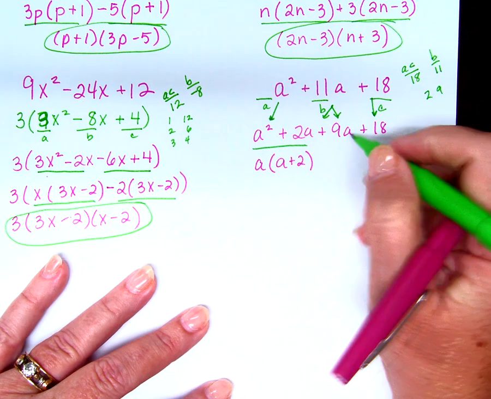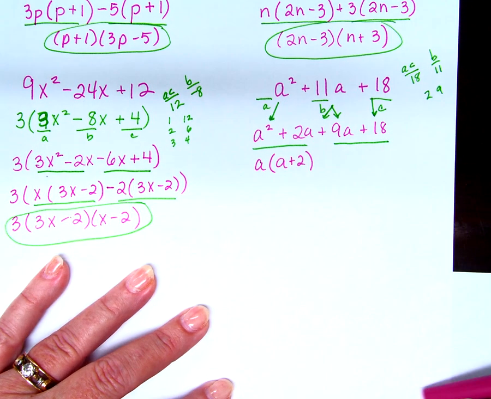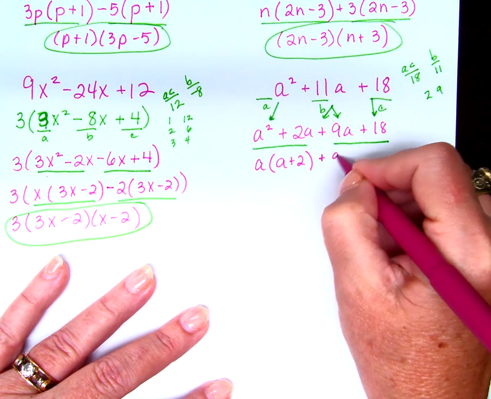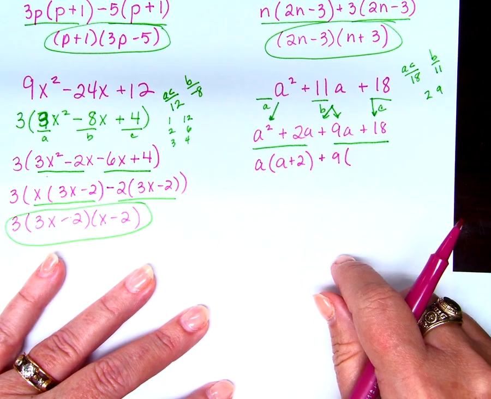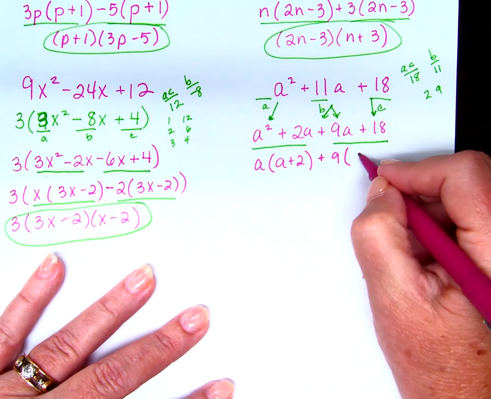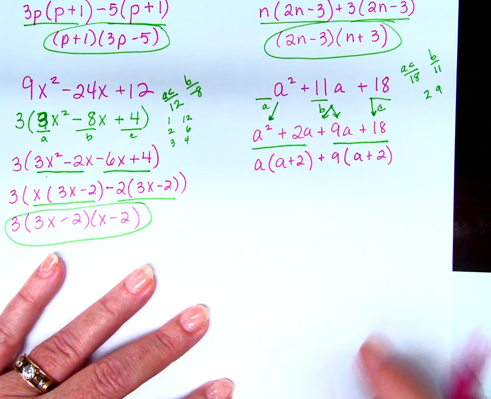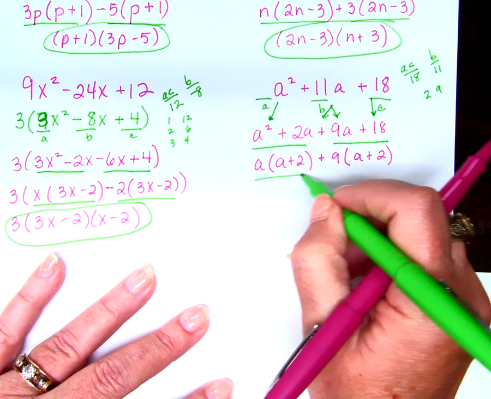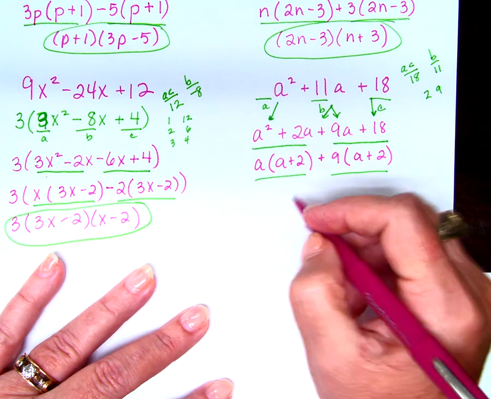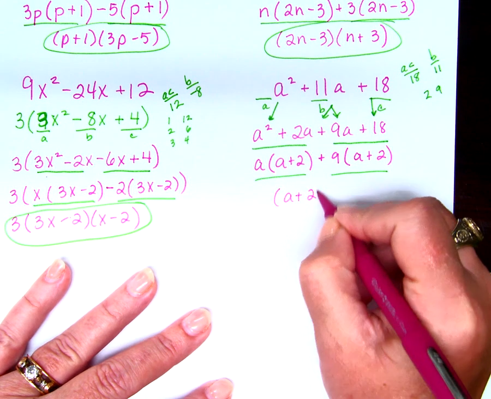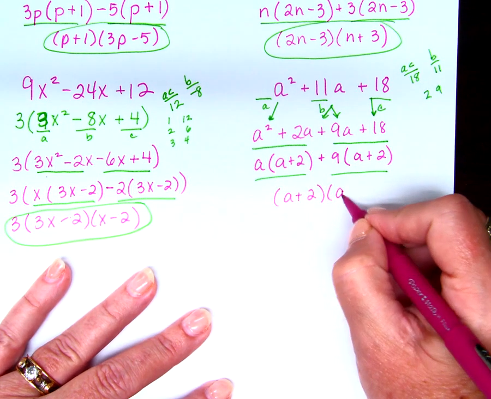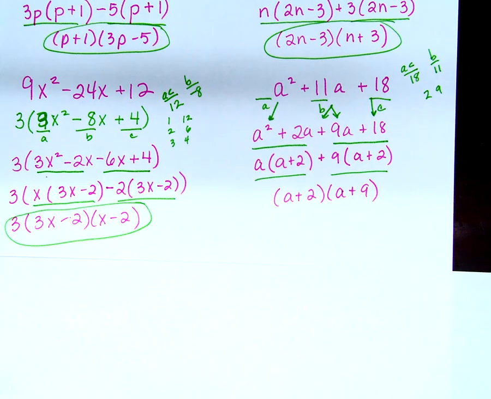What's common in the second two terms? 9. What's left if I divide out a 9? A plus 2. Very good. And what's common in these two terms right here? A plus 2. And what's left? A plus 9.